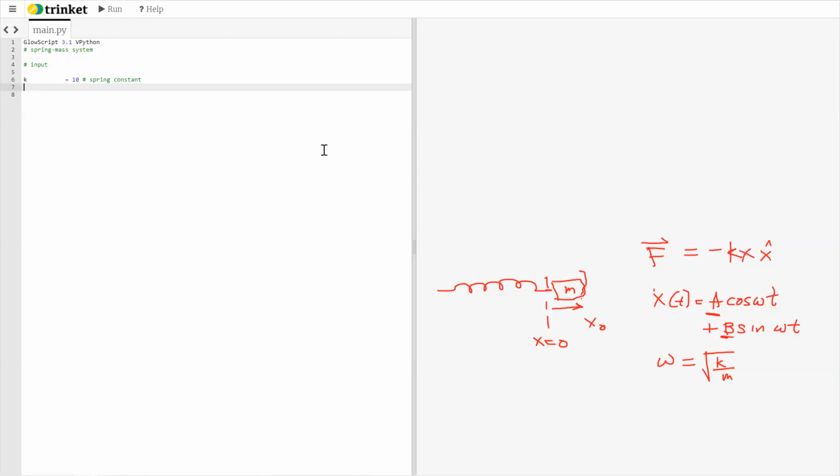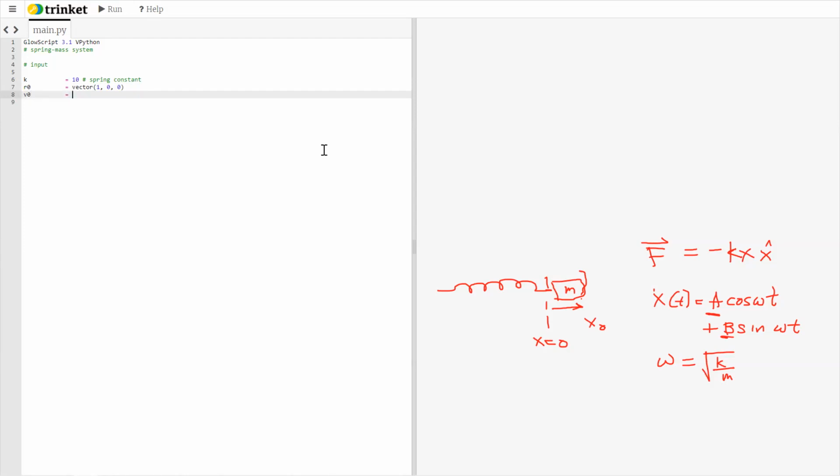So we use the vector form. R naught is equal to x, y, and z. So we put a value for the x component, 1, 0, 0. And then the initial velocity.